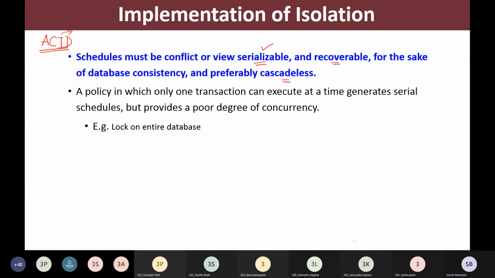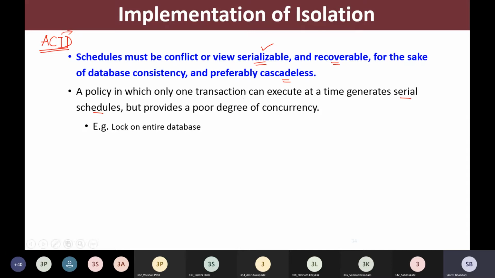So, a policy in which only one transaction can execute at a time generates serial schedules, right? If we have a policy wherein the rule is that only one transaction can be executed at a time, then such a policy always generates serial schedules.